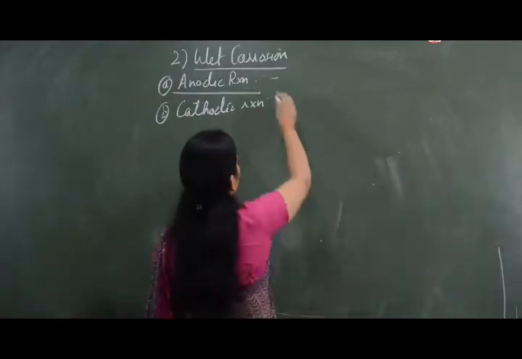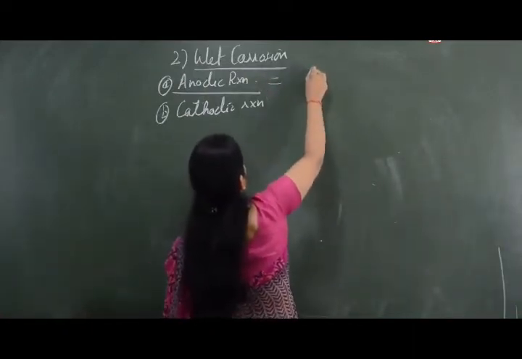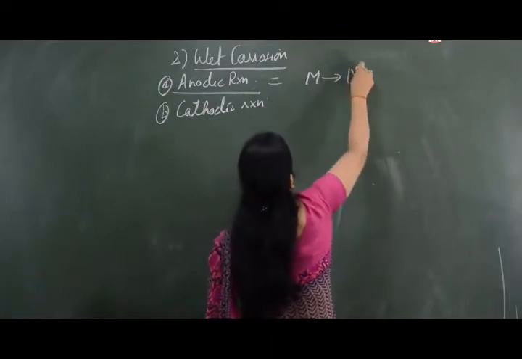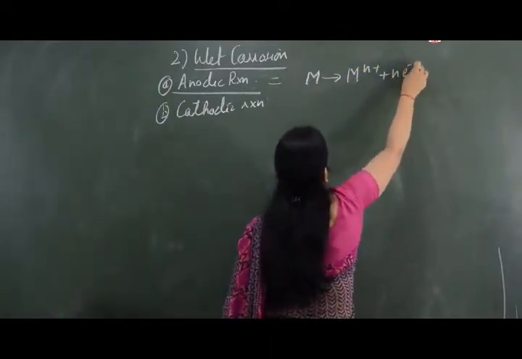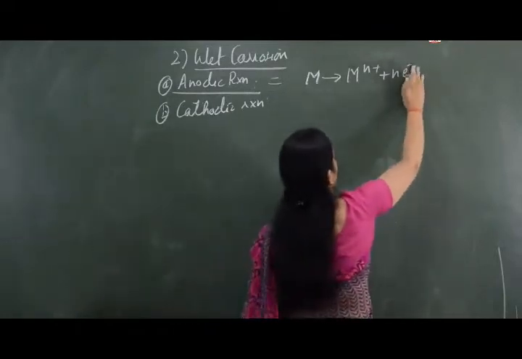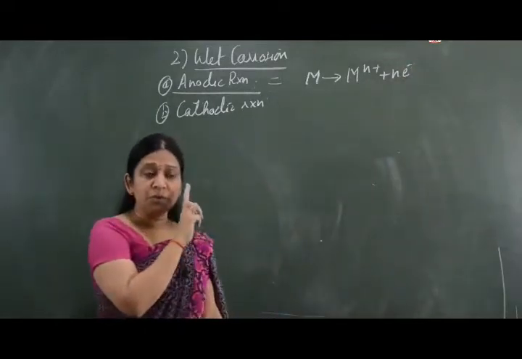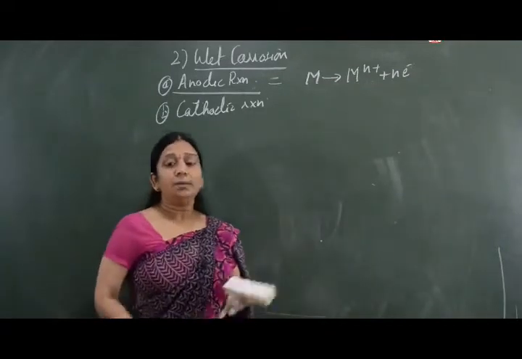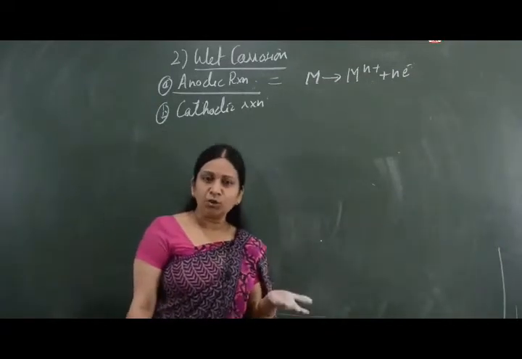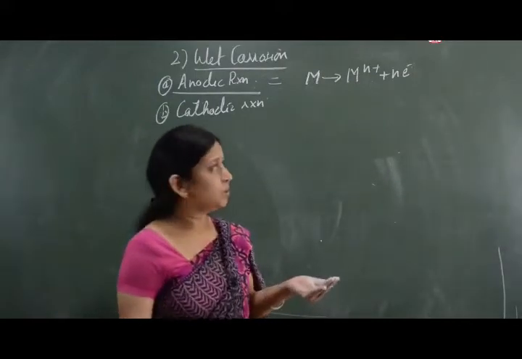Suppose we have a metal; the metal undergoes oxidation, giving electrons. The electrons which are released at anode are taken up by cathode, and depending upon the environment of cathode, further reactions are going to take place.